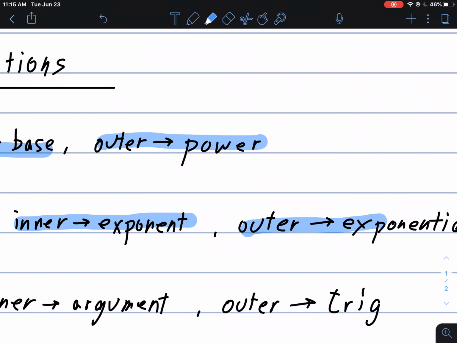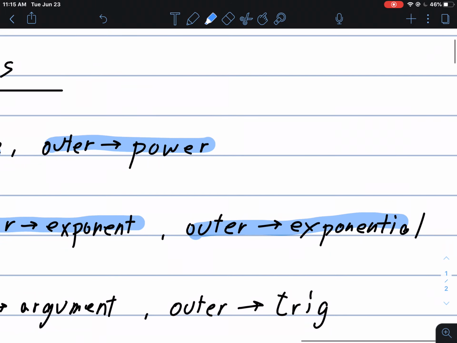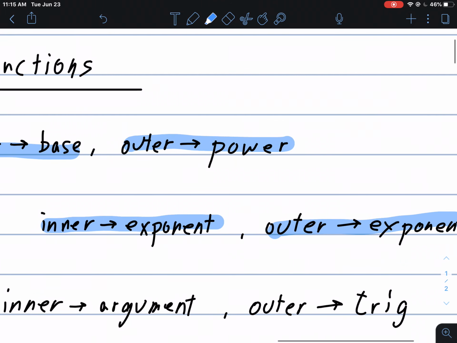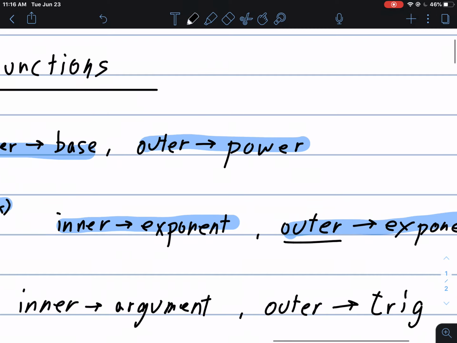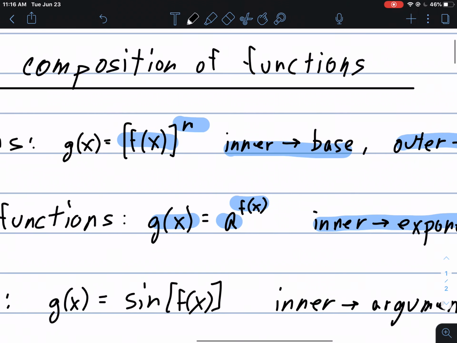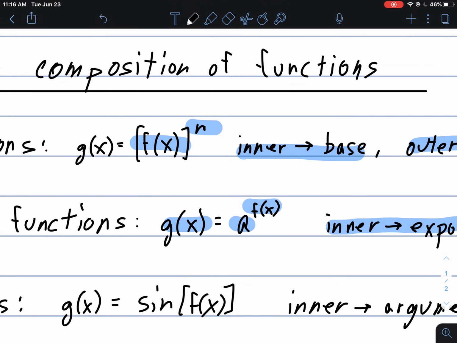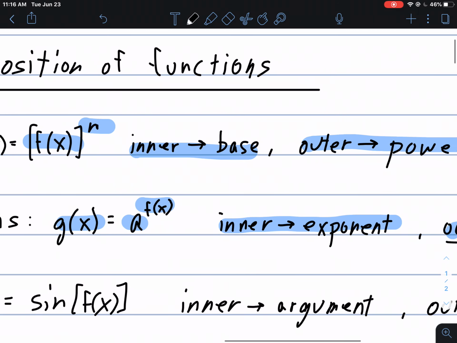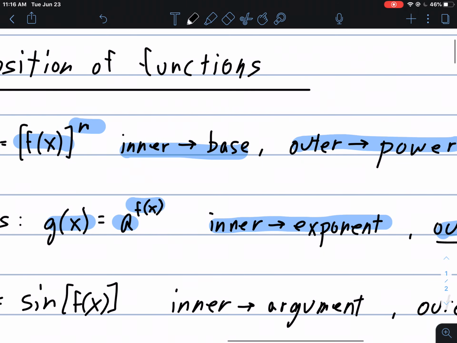So in other words, when I differentiate an exponential function, I start with the exponential function itself, because you always start on the outside and you work your way in. I differentiate that function a to the whatever, and then I would multiply that times the derivative of the exponent, which is the inner function.